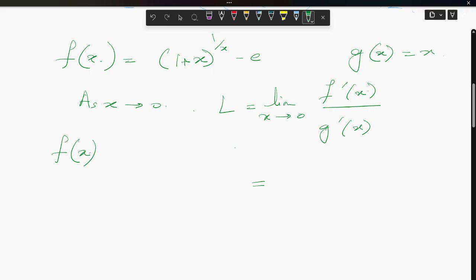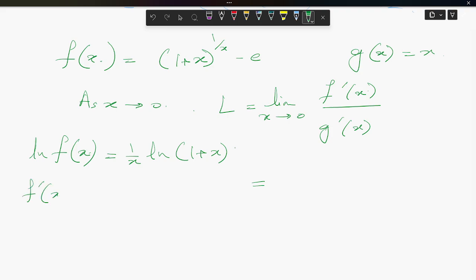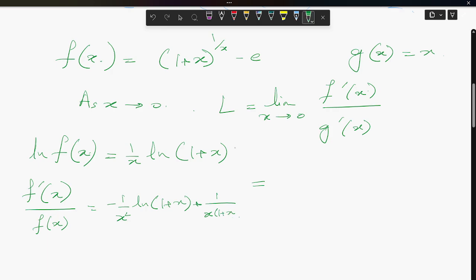So let us take ln of f of x equal to 1 by x ln of (1 plus x). Okay, so our f dash x by f of x is now minus 1 upon x square ln of (1 plus x), plus 1 by x into 1 by (1 plus x). Okay, so then what can we do?